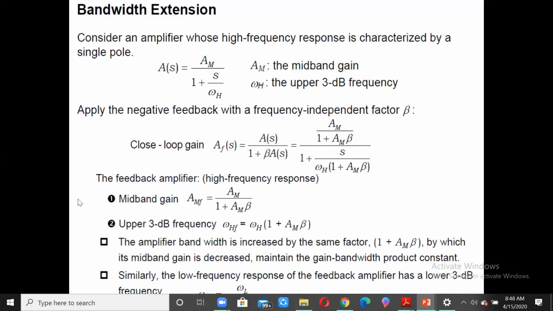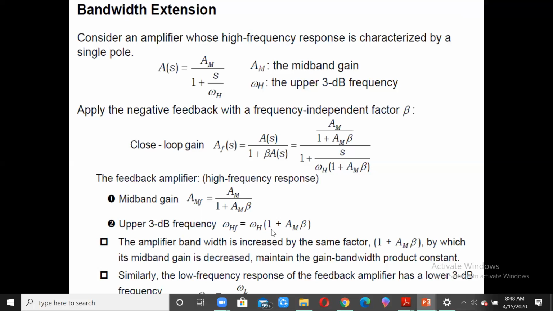So that gives us that the upper 3 dB cutoff frequency is increased by 1 plus AM beta, and the lower 3 dB cutoff frequency, similarly, is reduced by the same factor 1 plus AM beta.